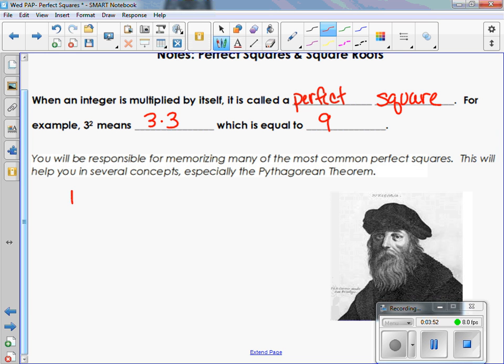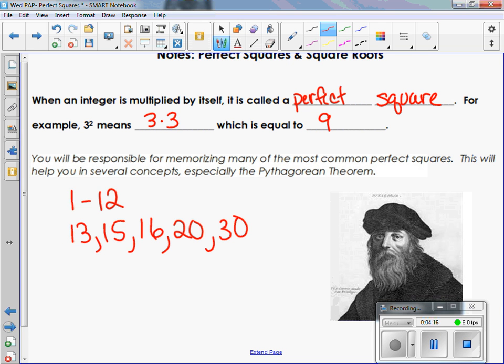Usually people have at least 1 to 12 already memorized, but there are some special ones too, like 13, 15 is commonly used, 16, 20, 30, etc. I usually recommend that you memorize 1 to 30, and then your special ones after that, like 40 squared, 50 squared, 60 squared, etc.